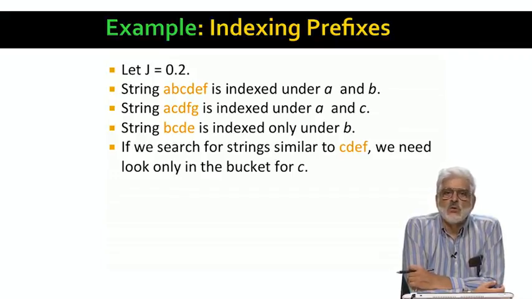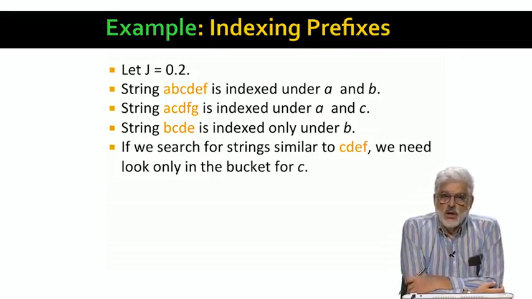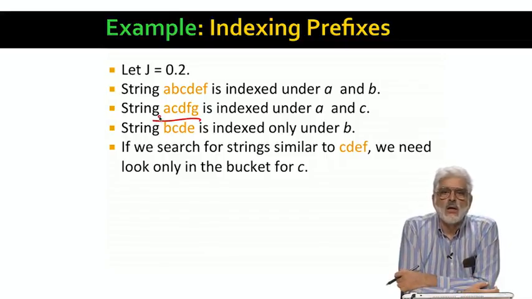So we need to look only in the bucket for its first symbol, which is C, to explore for strings of Jaccard distance at most 0.2. Of the strings stored so far, only A, C, D, F, G got indexed in the bucket for C. So that's the only candidate.